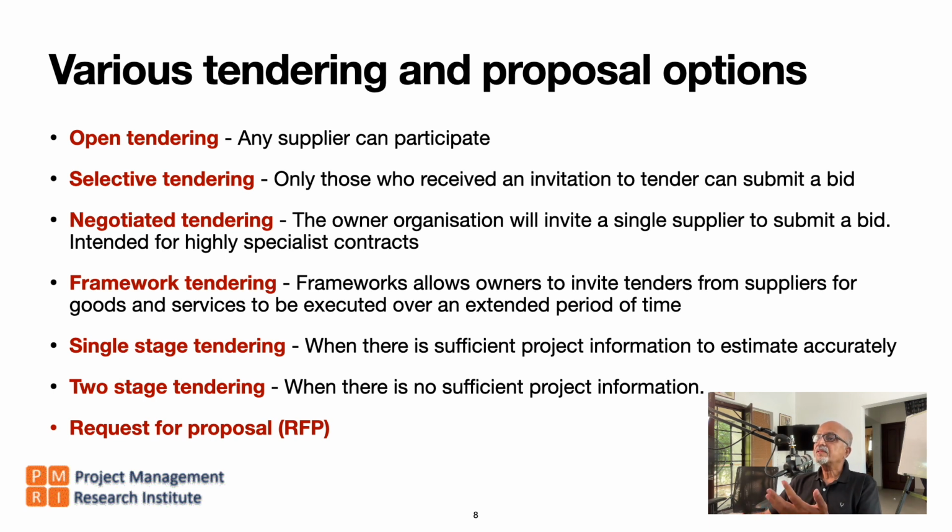Then negotiated tendering. The owner organization will invite a single supplier to submit a bid, intended for highly specialist contracts. So if it is a seller's market, if there are only very few suppliers or contractors who can deliver a highly specialized deliverable, then we go with the negotiated tender.